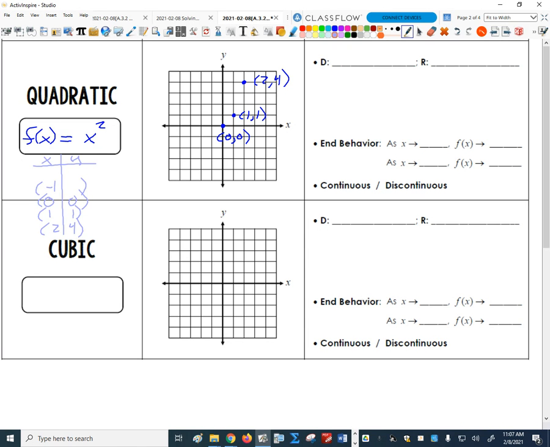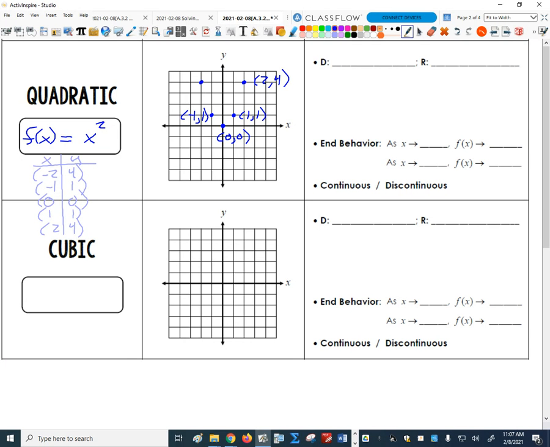In fact, if I take a negative number to any even-powered exponent, any even exponent, 2, 4, 6, doesn't matter, I'm always going to get out a positive. So I have the point negative 1, 1. And then by that same thinking, if I input a negative 2, squared is positive 4. So I'm going to go back 2 and up 4.